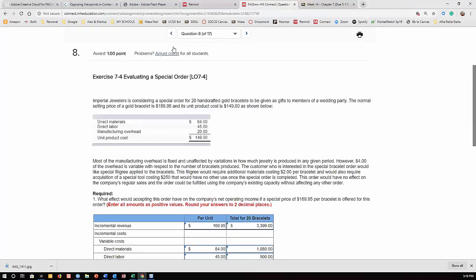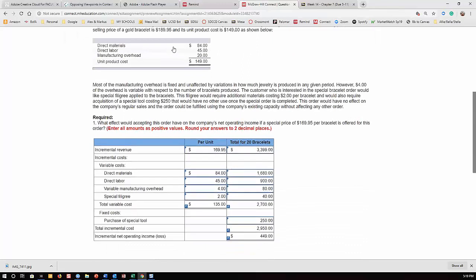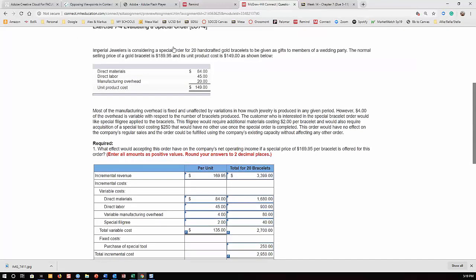There's my dumb question. Okay, this is a good one, right? So here's how you evaluate the special order, and there's nothing fancy about this. They tell you what the variable costs are. They also tell you that they're going to put some special filigree on there, which I don't even know what that is.